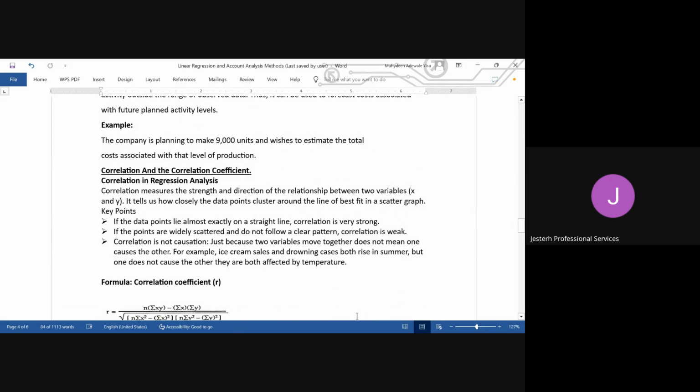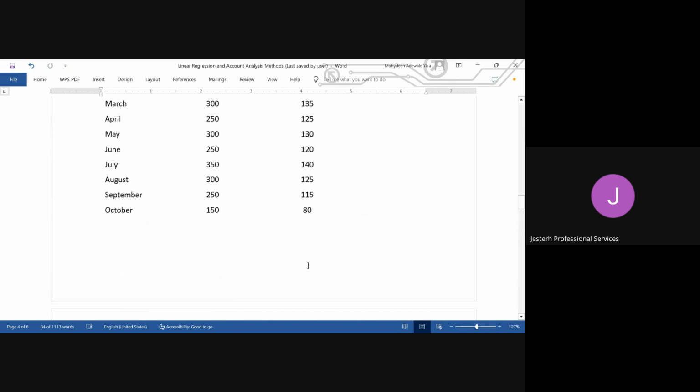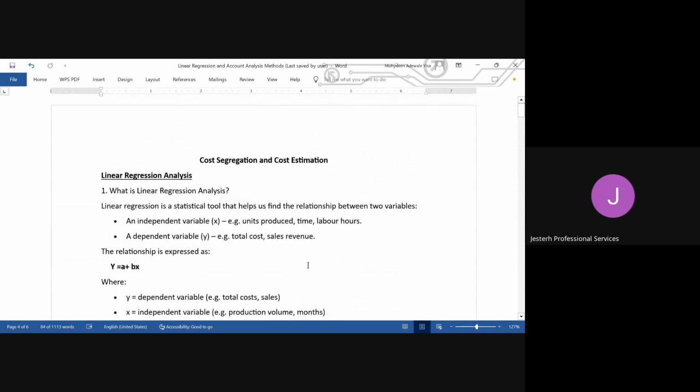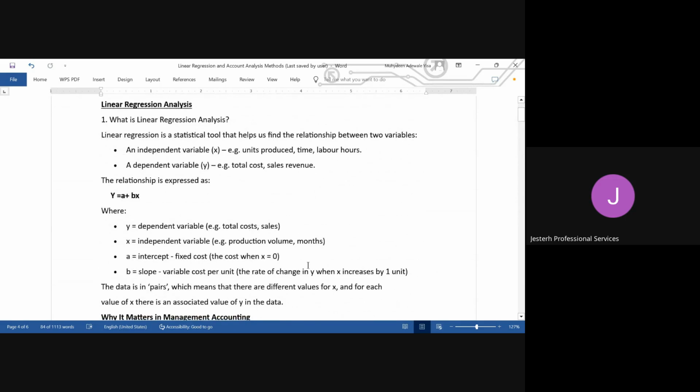So in brief, what we have discussed so far is about linear regression. We say linear regression is a statistical tool that helps us to find the relationship between two variables. What are those variables? Our units of production and the total cost.